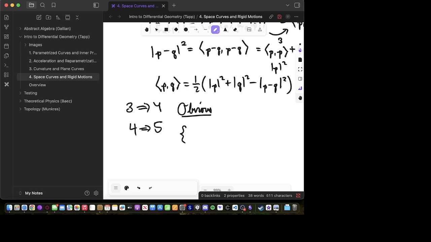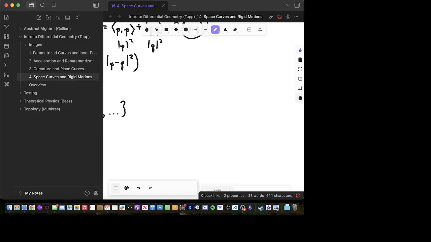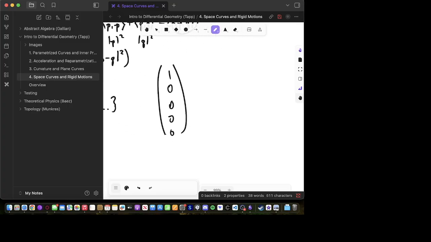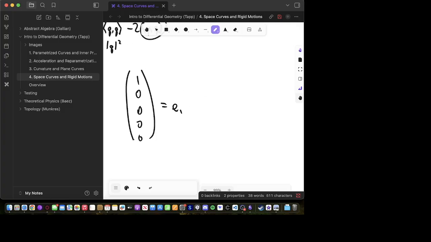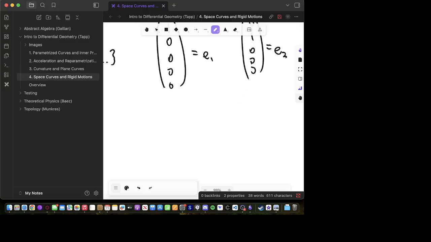The columns of A end up being, and the reason why is because when we write vectors like this, this is basically just saying E1. If we write this, this is basically saying E2, and so on.